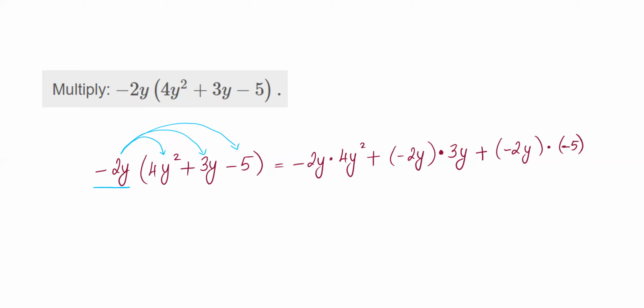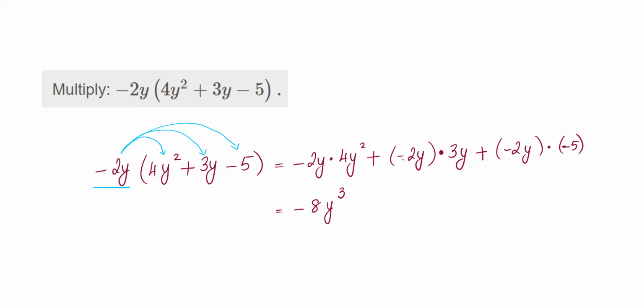So what I've done is I put a plus, by default, a plus between the terms, and I kind of wrote the signs that came with the numbers in when I multiplied them. Okay. All right. So let me take the sign first. Minus times a positive is minus. 2 times 4 is 8. Y times y squared is y cubed. Okay. Do it systematically. The sign, the number, then the letter.